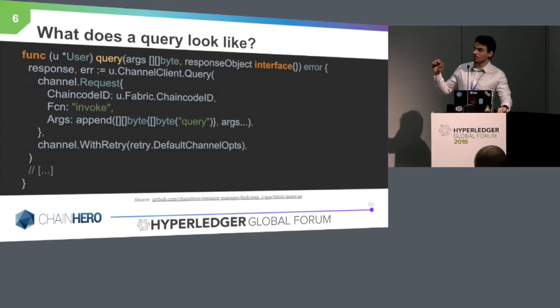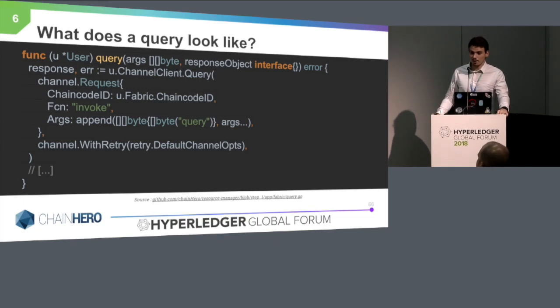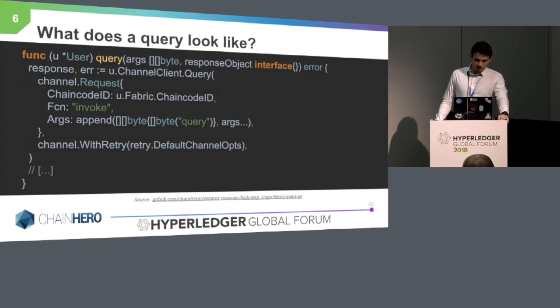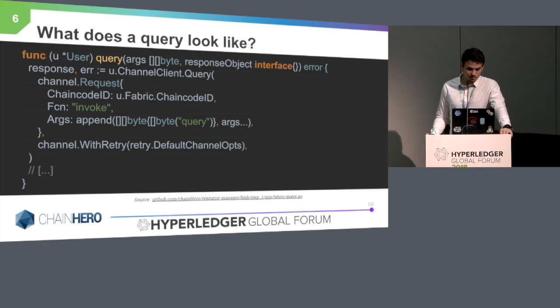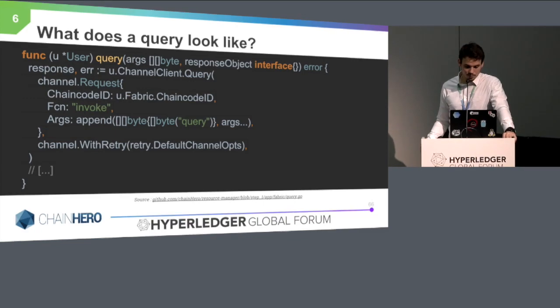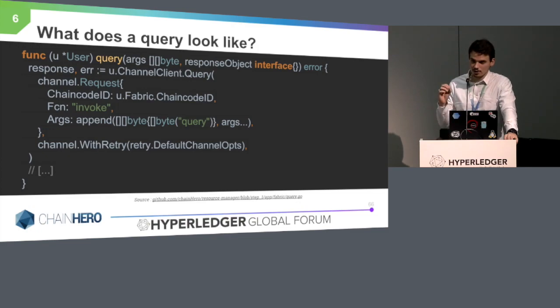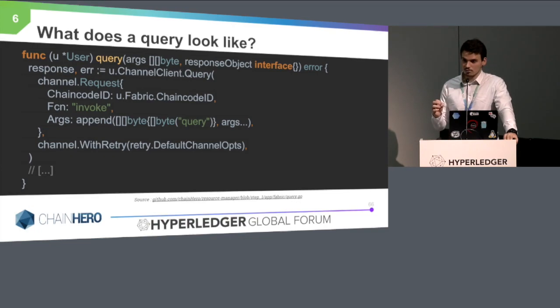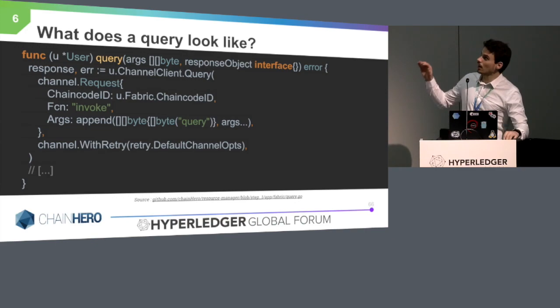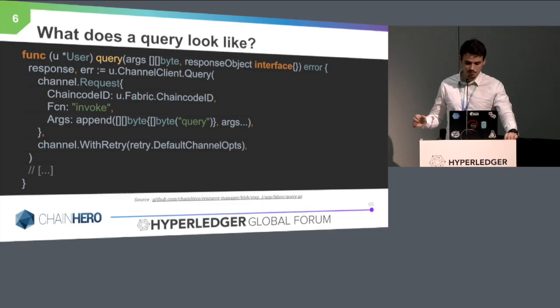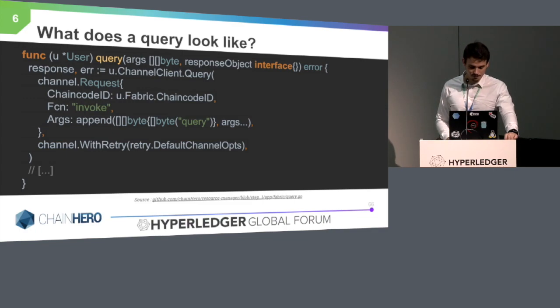You can look for this kind of information in the main.go. Also, we tell which function we need to query, so invoke. And finally, we provide some arguments. The first argument of the query will be the query, because in the chain code, we look at the first argument to know if it's a query or an update. And finally, we append every other argument provided in the query function.